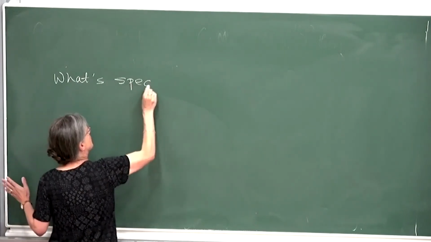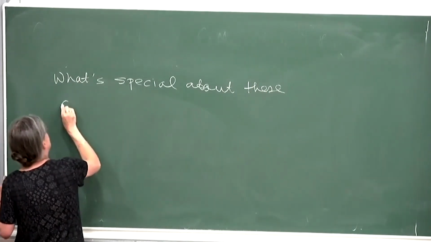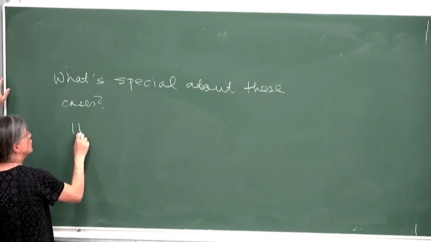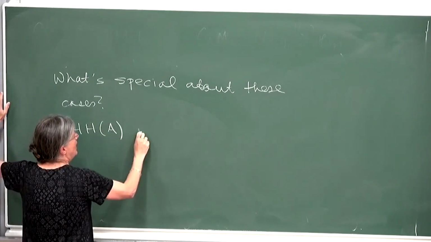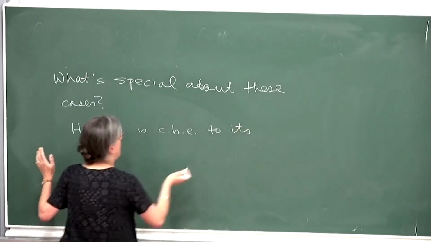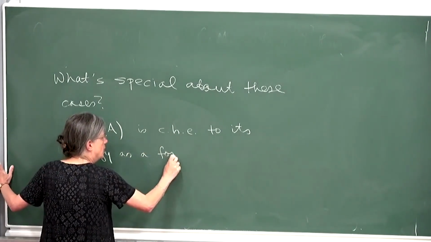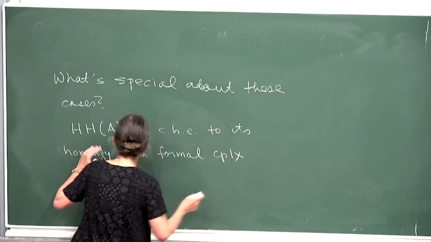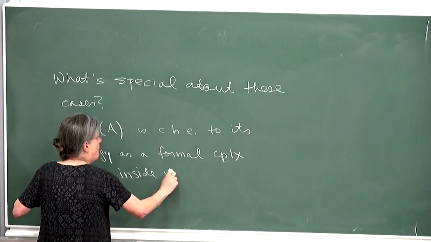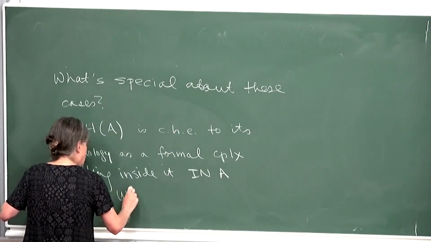What's special about these cases? It is that the Hochschild complex of A is chain homotopy equivalent to its homology, as a formal complex sitting inside it, in a multiplicative way.